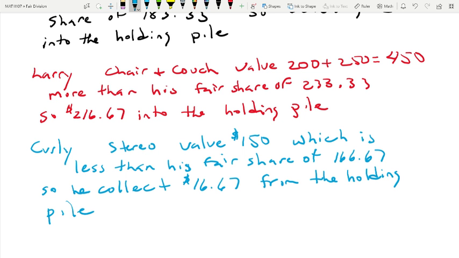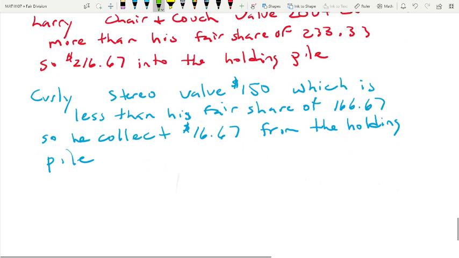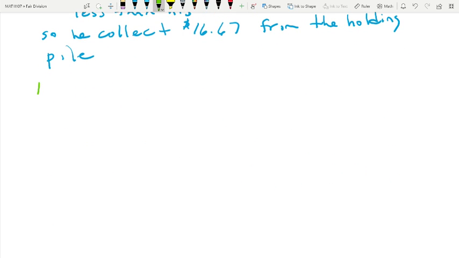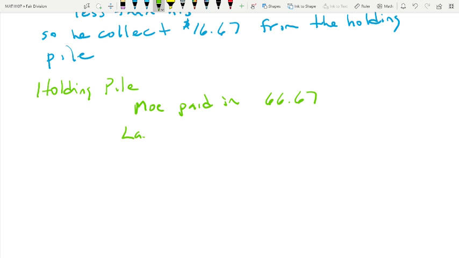All right. Now we need to look at how much money we still have in this holding pile. We know Mo paid in 66.67. We know Larry paid in 216.67.